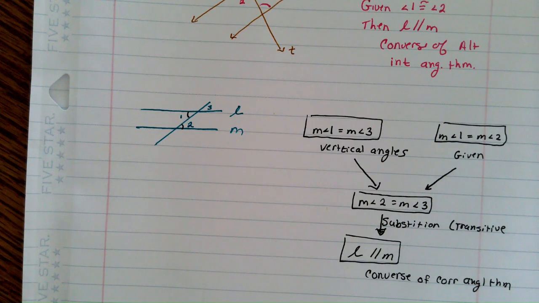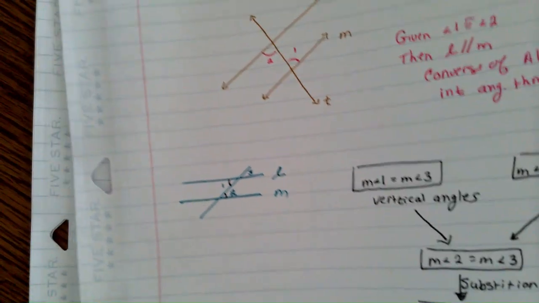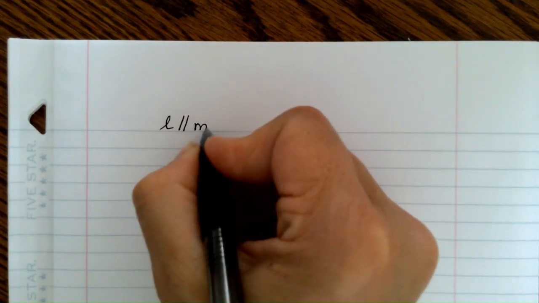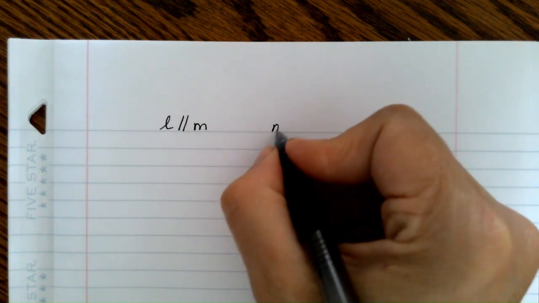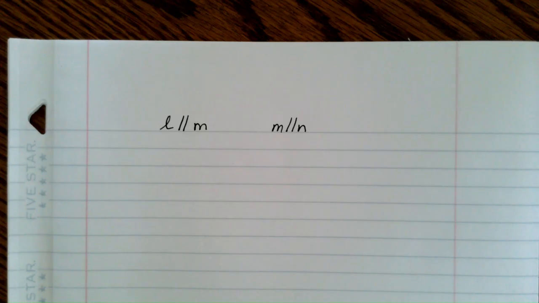So I want to explore that transitive property just a little bit more so we understand it. So L is parallel to M. M is parallel to N. Notice I haven't said anything relating L and N, but I bet you already know something about it.